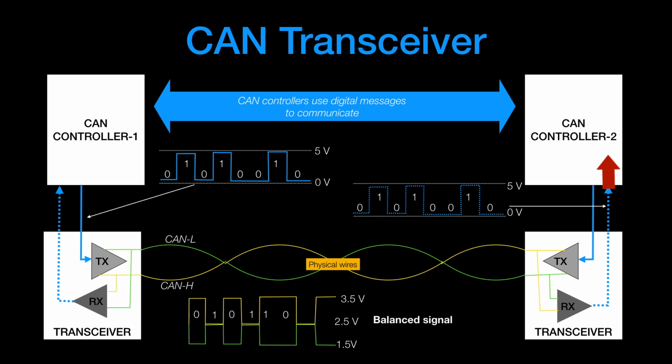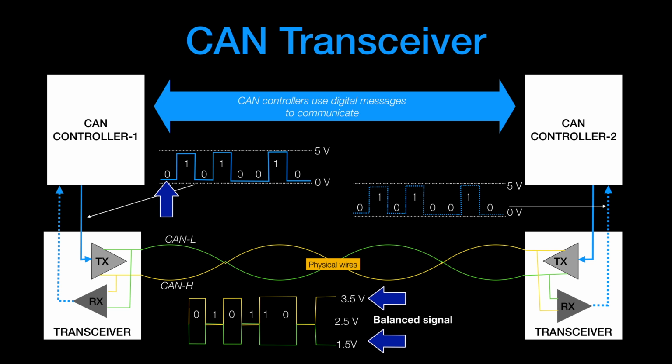What is important to note here is that a 0 applied to the transceiver of CAN controller number 1 on the transmit part results in 3.5 volts on the CAN high and 1.5 volts on the CAN low.